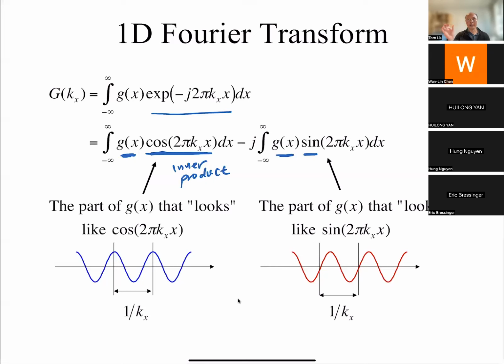Multiplying g of x by the sine of a certain frequency and then integrating it tells us how much of g of x looks like sine of 2 pi kx x. One thing to notice is that if I have sine 2 pi kx x, then the wavelength is just 1 over kx.